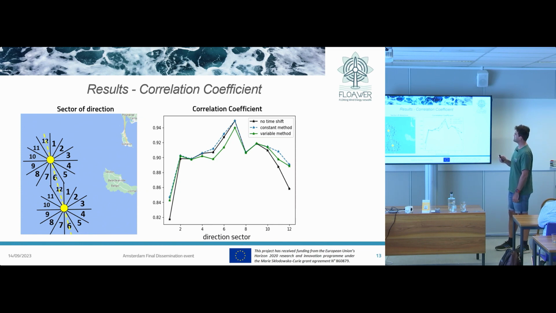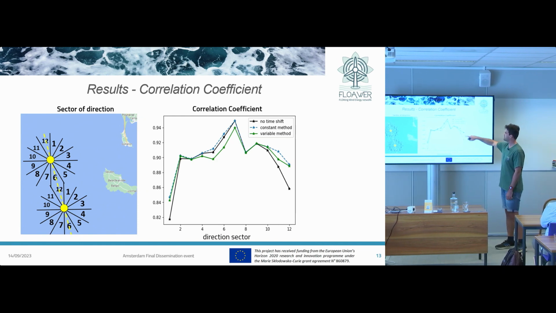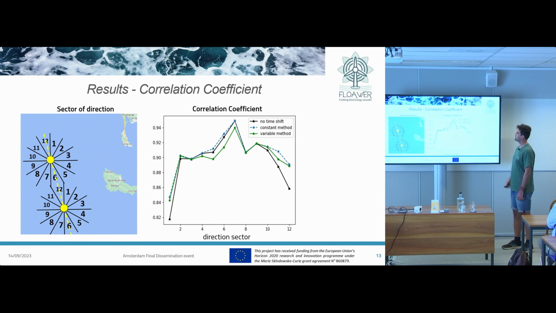So we can see that, if we take number 12, both methods increase the correlation coefficient globally, by the same amount. But in general, the constant method is always better than the variable method, which is a bit disappointing, but it's a result.